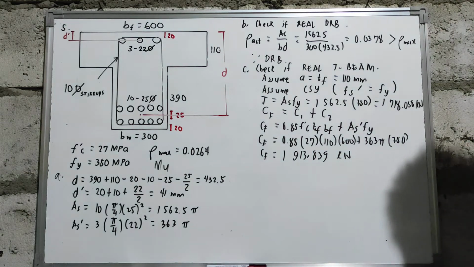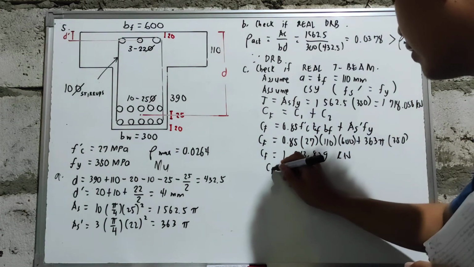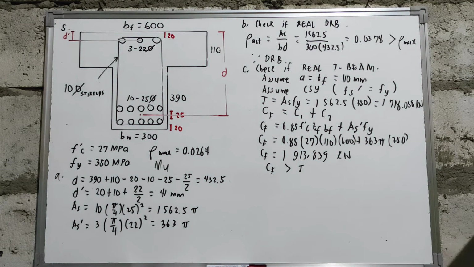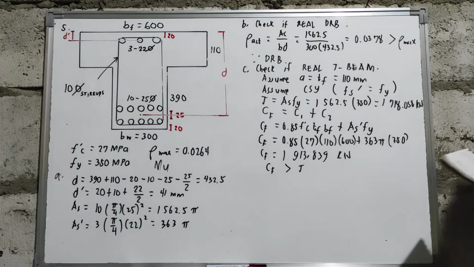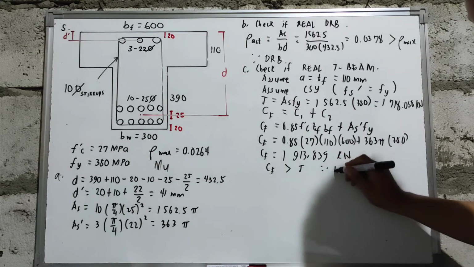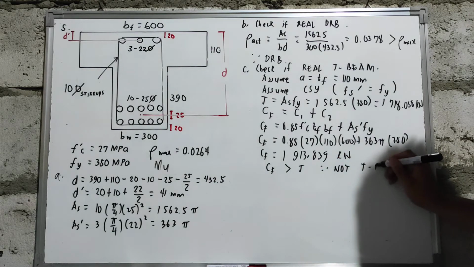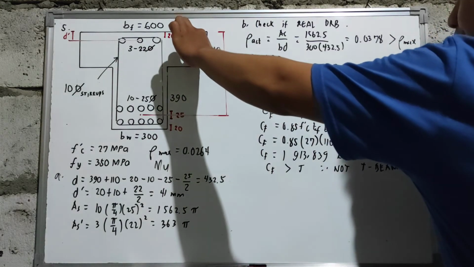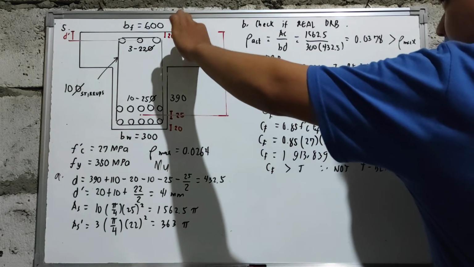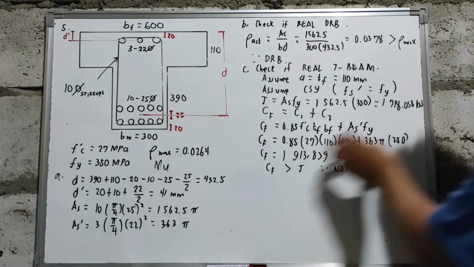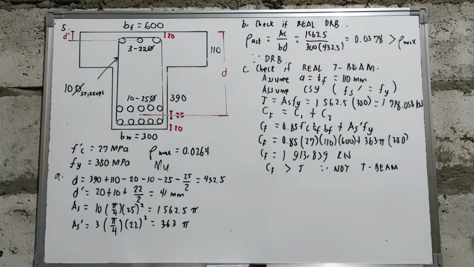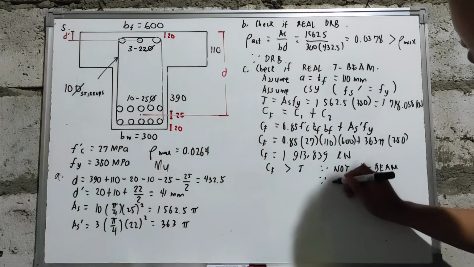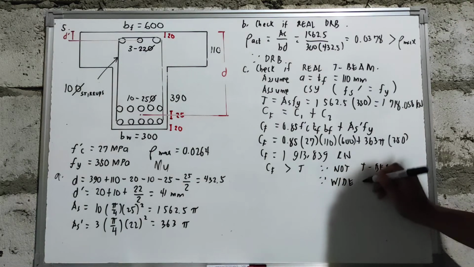So meaning to say, since yung CF natin is greater than to the value of your T, therefore, not T-beam tayo. So, babawasan natin yung area nung konkreto natin para mag-equal siya or mabalance siya sa 1,700. So, not T-beam tayo. Therefore, wide rectangular beam tayo.